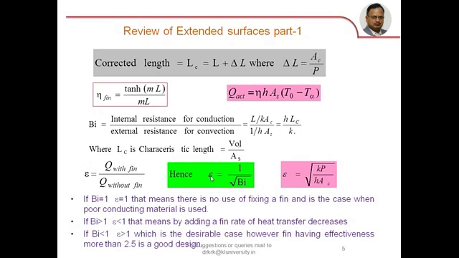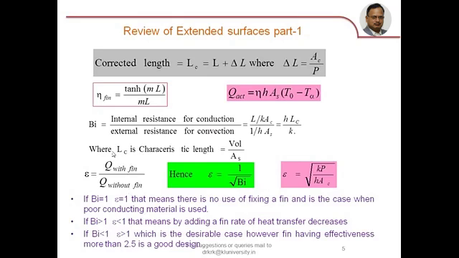Now if you look at this relation, effectiveness versus Biot number, if Biot number equal to 1, effectiveness is also 1. That means there is no use of fin. Effectiveness 1 means the heat transfer with fin and without fin are equal. In that case there is no use of fin.